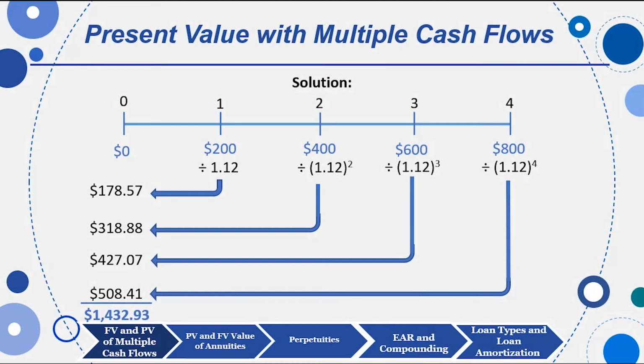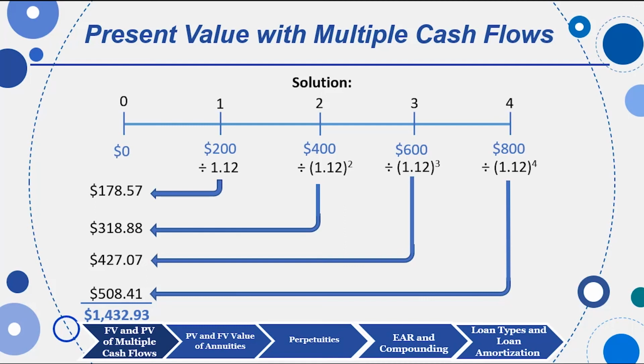Again, draw yourself a timeline. That first $200 is only worth $178.57 today. Note that these are differing cash flows, so we have to go back to chapter 5 to bring these back to today. The $400 divided by 1.12 squared is equal to only $318.88. $600 divided by 1.12 cubed is $427.07, and the $800 way out there in year 4, divide that by 1.12 to the fourth, and it's only worth $508.41.